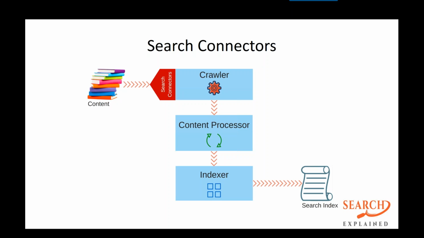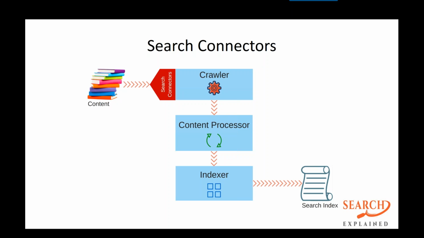Usually they use database access, they use web services, they use the standard APIs. It always depends on the connected system, what is the easiest and best and optimal way to get connected to it.